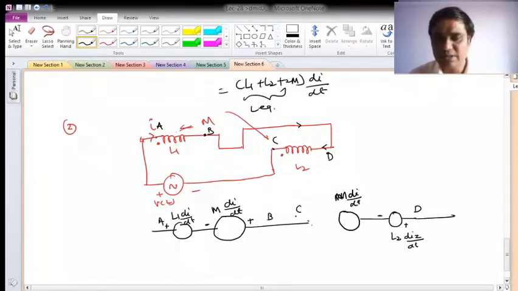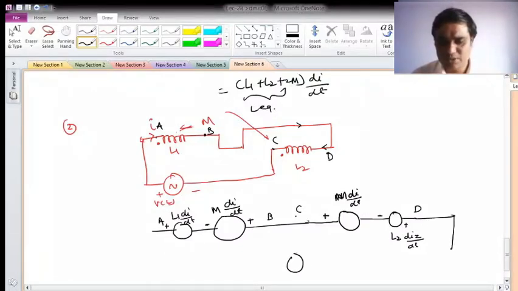Now we have to decide the direction here. So what will be the direction? This will be due to the flow of current, so I is entering into the dot, right? So dot side will be positive, this will be positive, this will be negative.